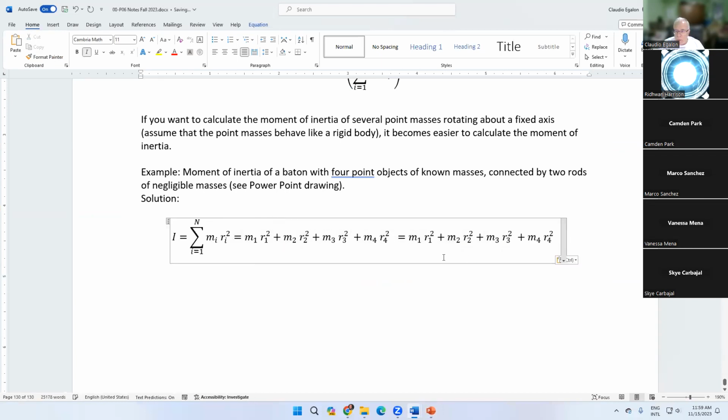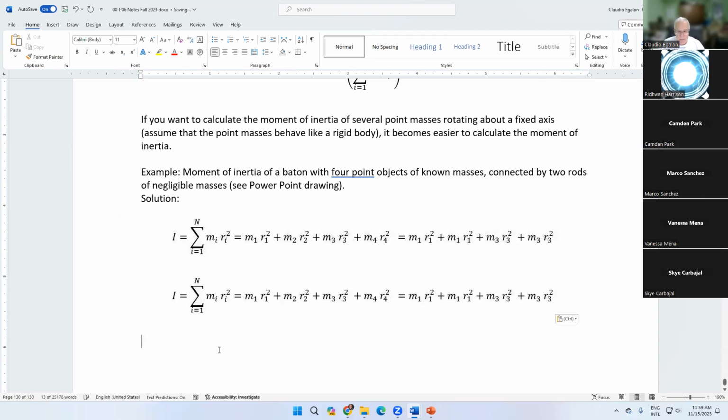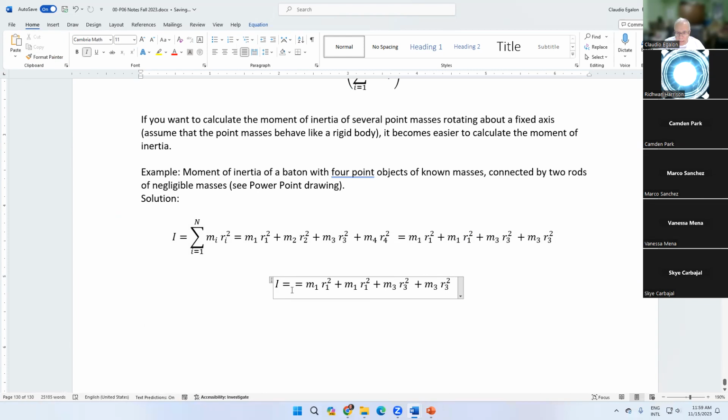One more minute to go. M2 is equal to M1 and R2 is equal to R1. M3 is equal to M4 and R4 is equal to R3. And now we can get a result.